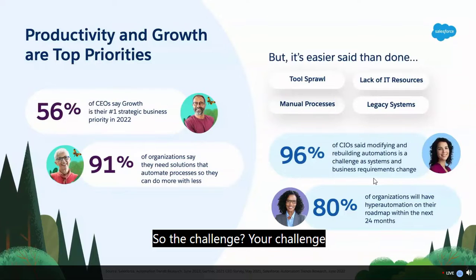So the challenge in creating seamless experiences for your customers, employees, and partners is that it requires orchestration across all of your disparate systems. And it requires overcoming challenges such as manual processes, tool sprawl, legacy systems, and lack of IT resources.